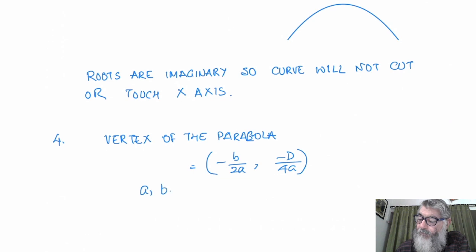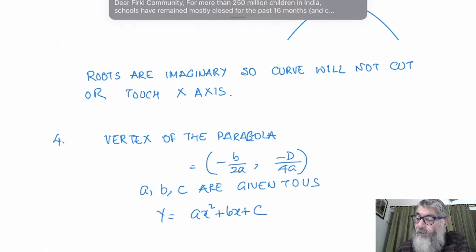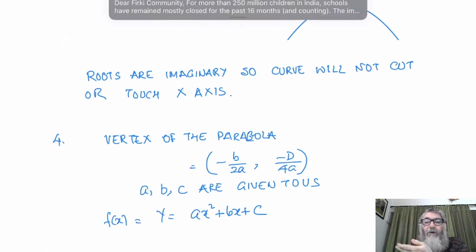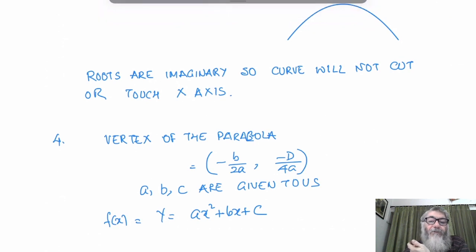A, B, C are given to us. How? Because y is equal to ax square plus bx plus c is given to you. The equation or the graph or the curve is given in the form of a quadratic function.